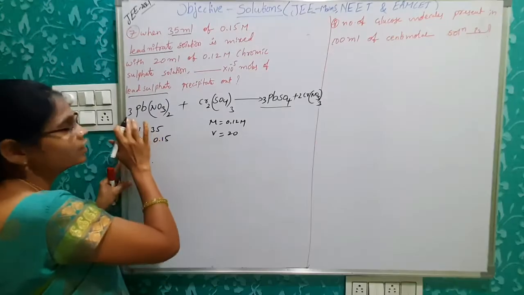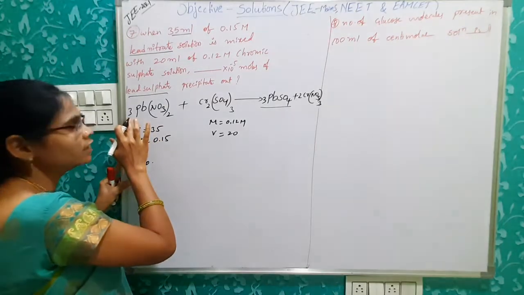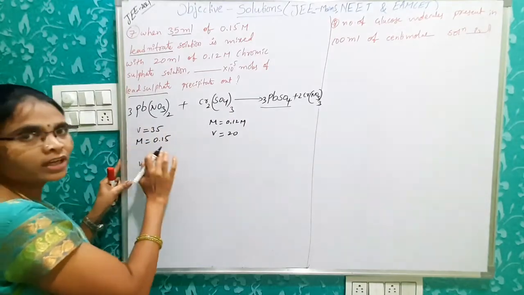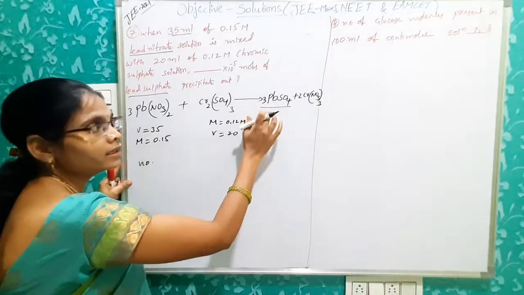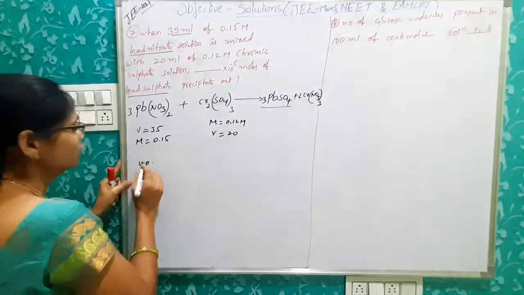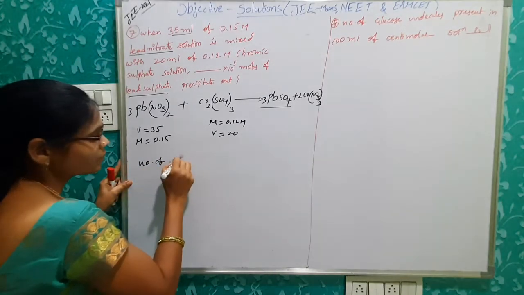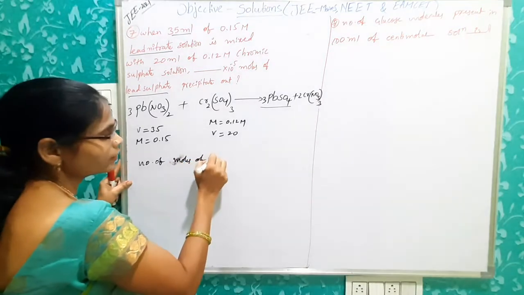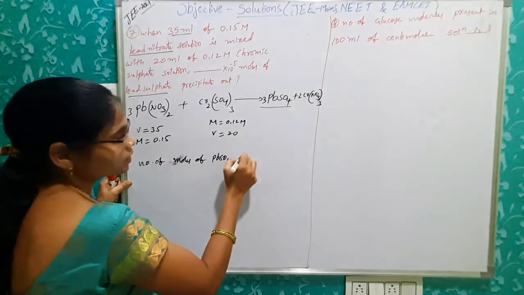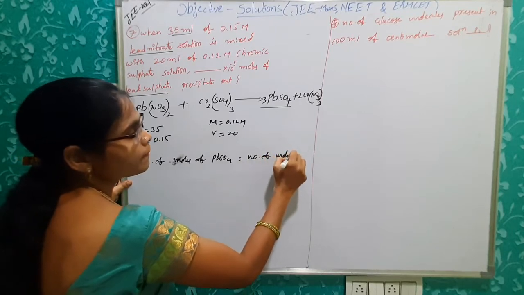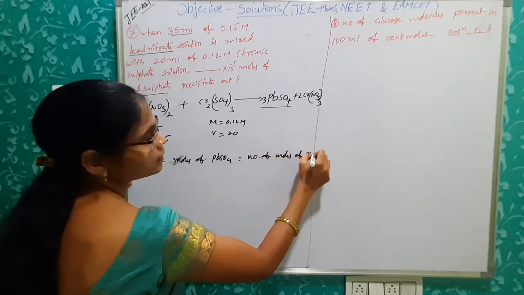Okay. So according to the equation, the number of moles of lead nitrate and lead sulfate are the same. But by this given data, we have to calculate the number of moles of lead nitrate. So number of moles of lead sulfate is equal to number of moles of lead nitrate.